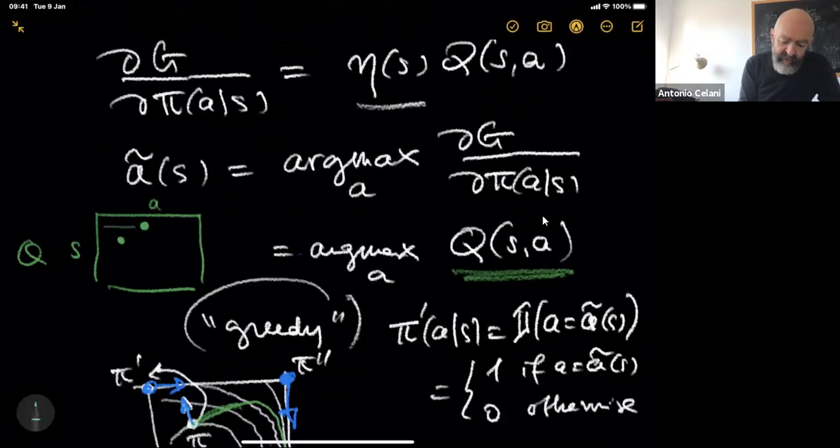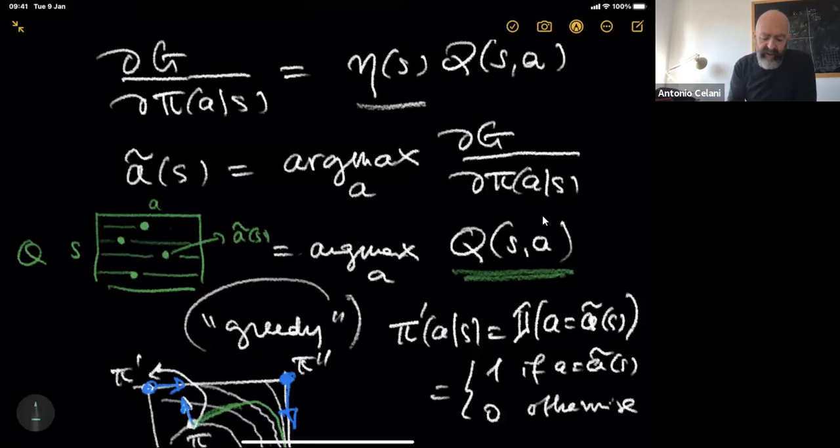For every row, this dot marks the one which has the largest entry, which may be equal or different. And this defines my A tilde of S, because for every S, I have an A tilde of S.